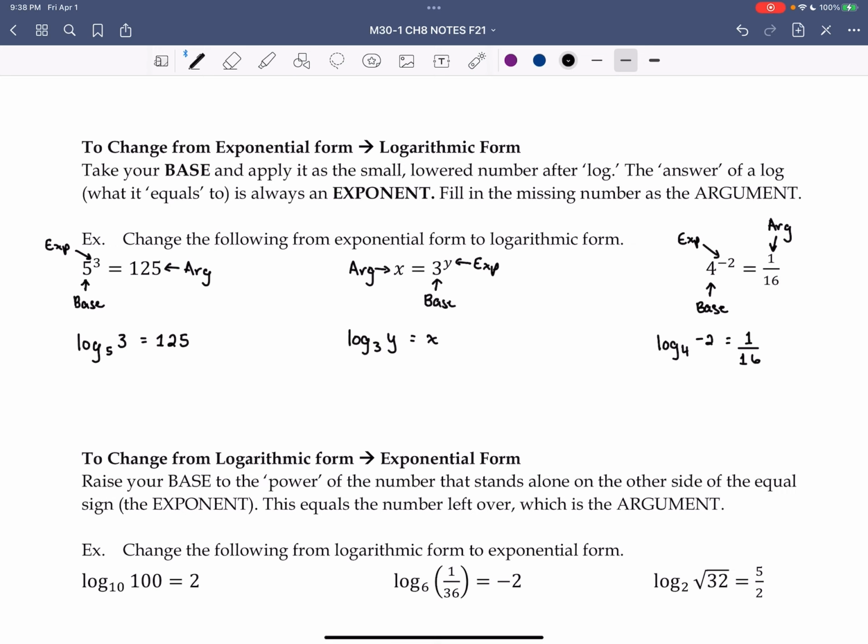So again, in log form, the base goes here. The exponent goes here. And this is the argument.